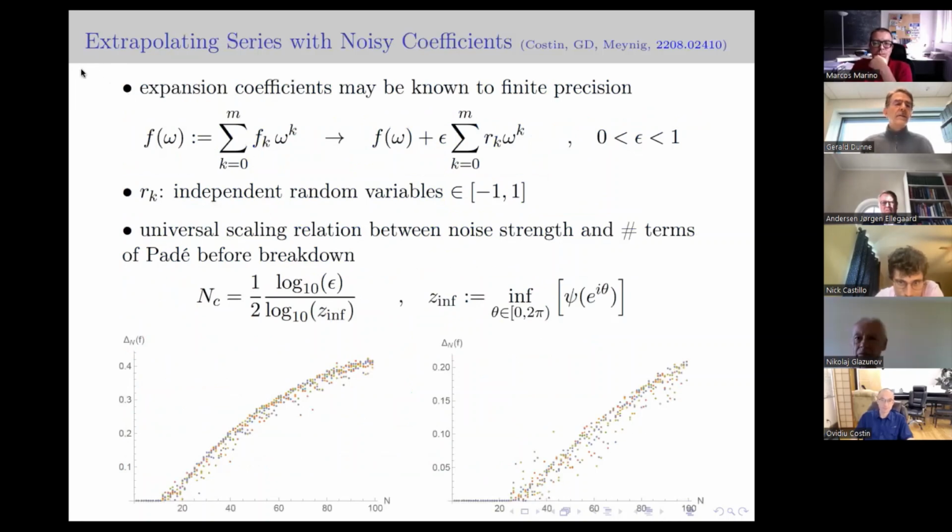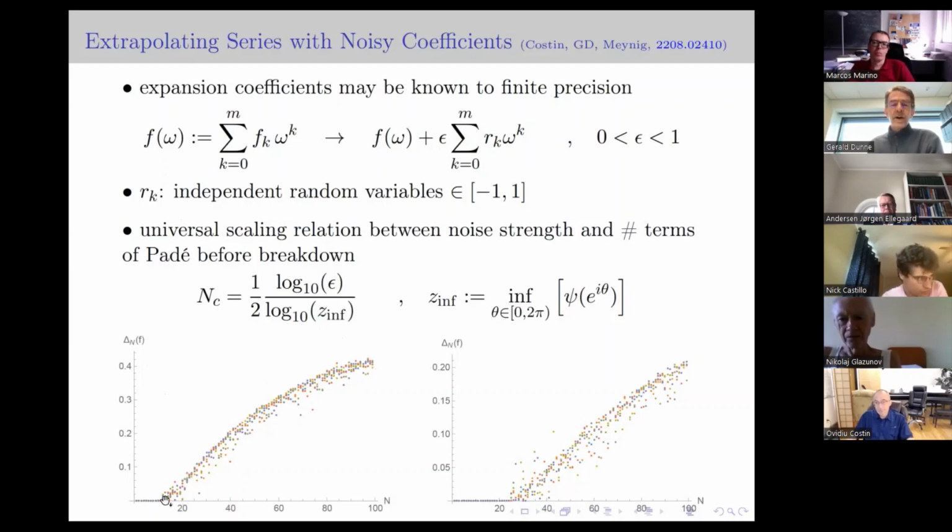And if I can just show you. Okay, here we are. So here's something along those lines. Suppose you have a finite expansion, and then you add noise to it. Here's the fractional error in the original, the relative error, as a function of n. Depending on the magnitude of the noise, it breaks down at some point.